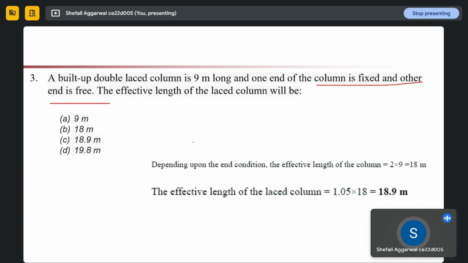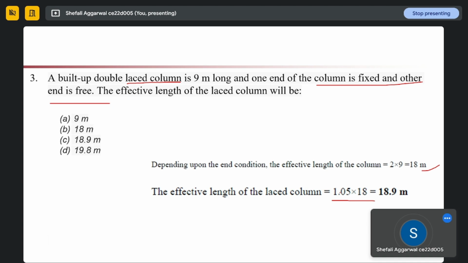But in case of our laced column, in case of a normal column 18 meter is correct. But when we have a laced column, the effective length of the laced column will be 1.05 of 18. That is given in this IS 800 only.